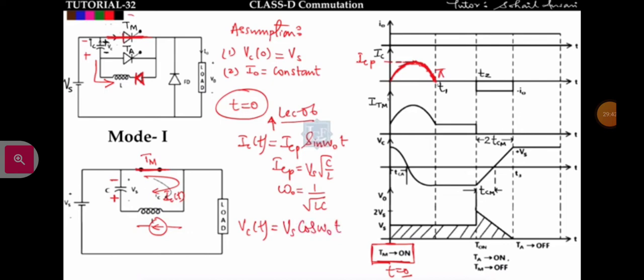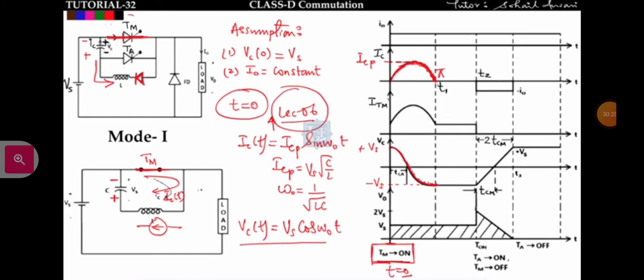So cos omega naught t will be like this, it is pi by 2, and at pi it will be minus Vs. If you put cos pi, you will get Vc of pi equal to minus Vs. From 0 to t1, the capacitor voltage changes from plus Vs to minus Vs. So capacitor current is equal to ICP sin omega naught t and capacitor voltage is equal to Vs cos omega naught t. This we have discussed in lecture number 6, and I have drawn the waveform of capacitor current as well as capacitor voltage. Got it?